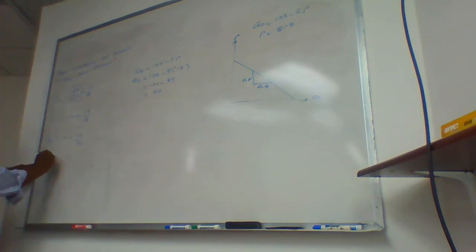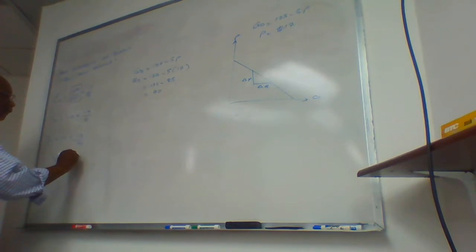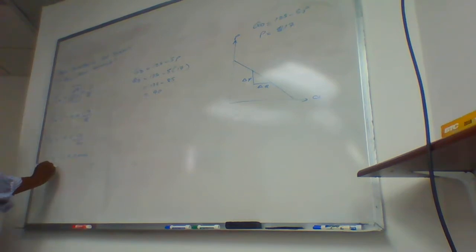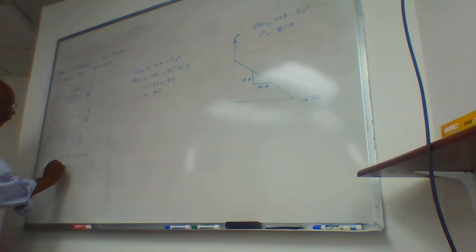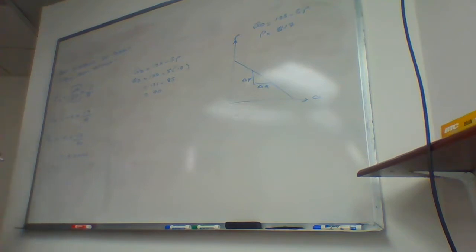Again, you've learned you solve your equation first: 85 divided by 40. 2.125.